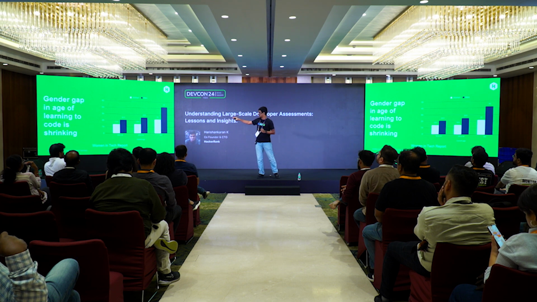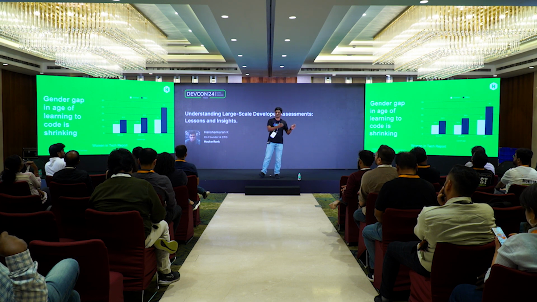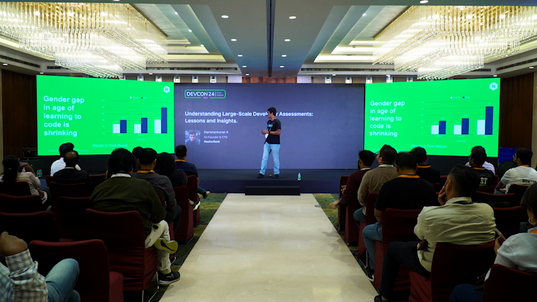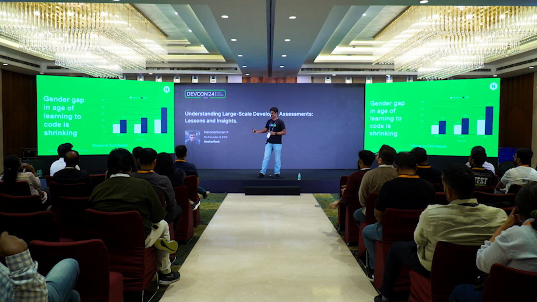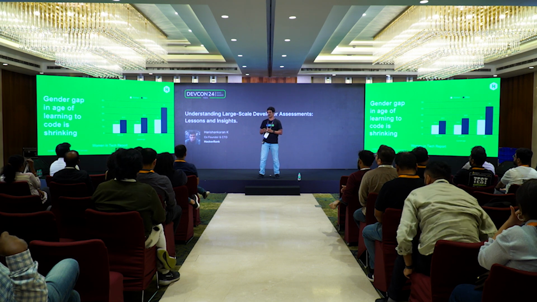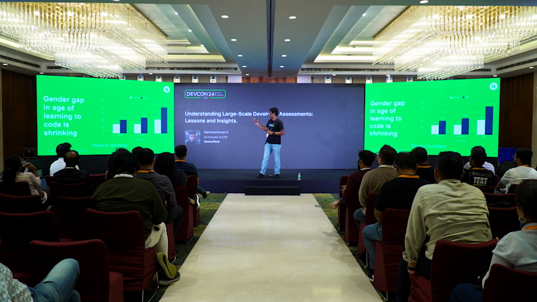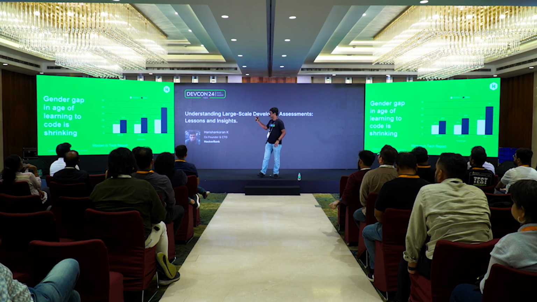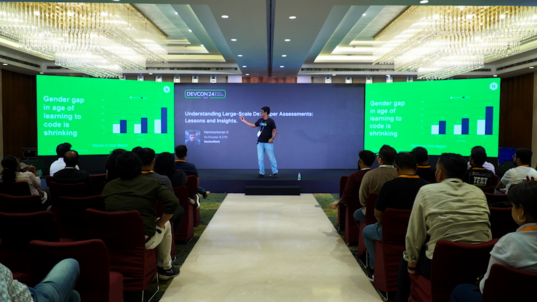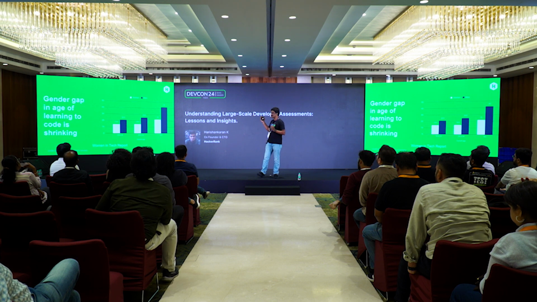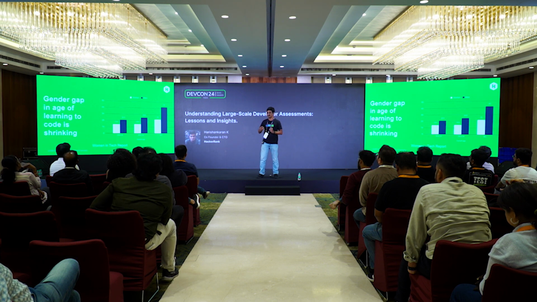And that's probably, think of it as how it was 10 or 15 years back. And if you take the current generation, people who learned coding before 16, and their current age is 18 to 24, 20% of them are men, and women is at 13%. So the gap is completely reducing more and more.